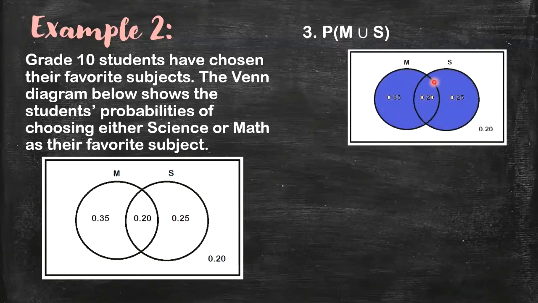You take the union of these two sets. Okay? So you may want to add these 3 decimals here, or pwede nyong gawin, di ba? 1 unit ang buong ito, 1. So 1 minus 0.2. Okay? You will get 0.8. Okay? If you check, if you add all these 3 decimals here, you will also get 0.8.